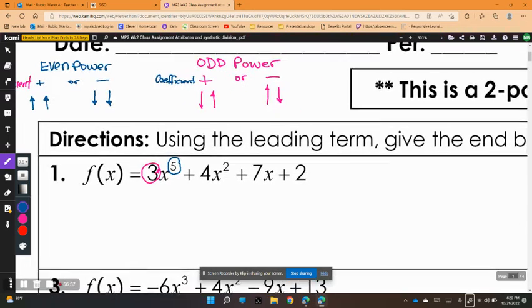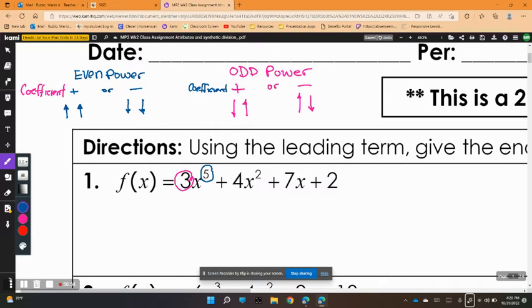Let me see if I can squeeze this in here. For the first one, what do we have? An odd power. Let me write it this way. Our power equals 5, and that's odd. And my coefficient equals 3, and it's positive.